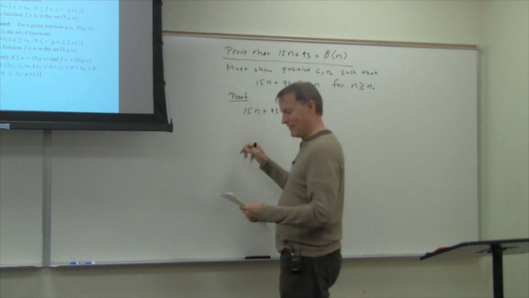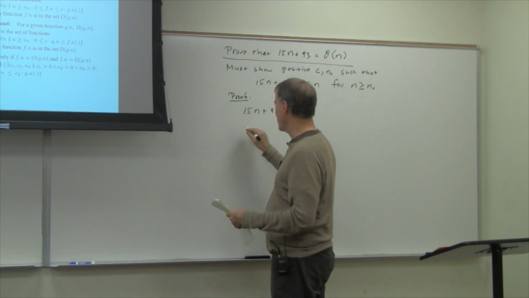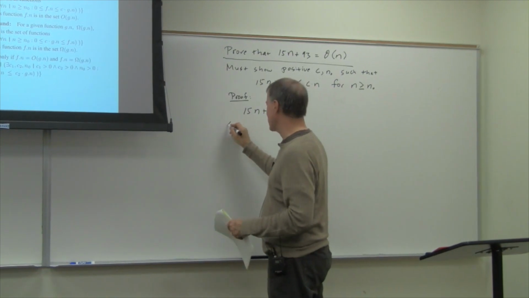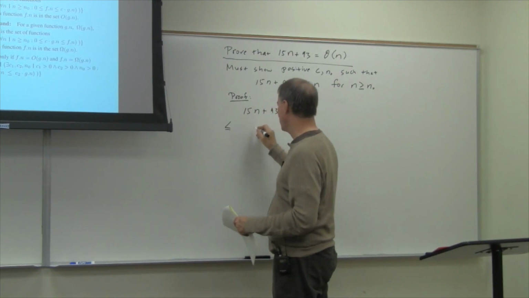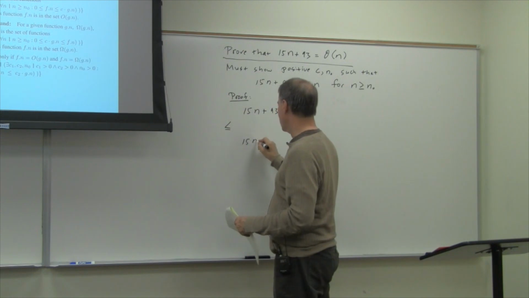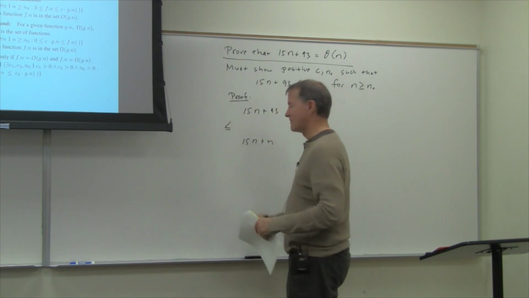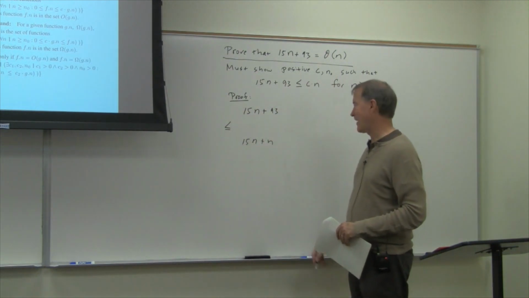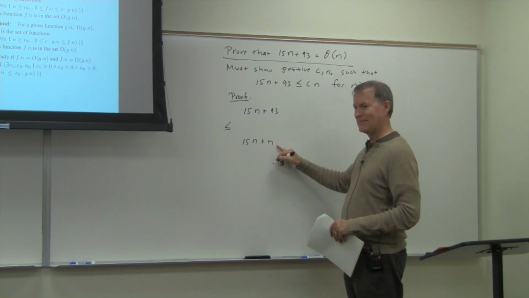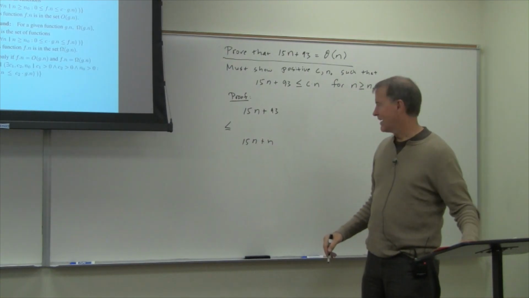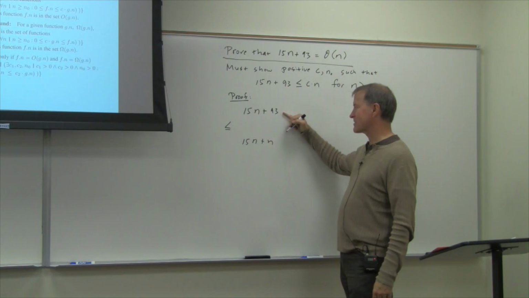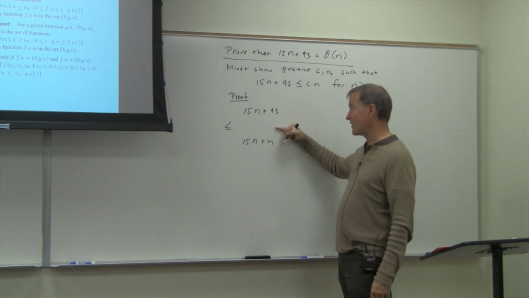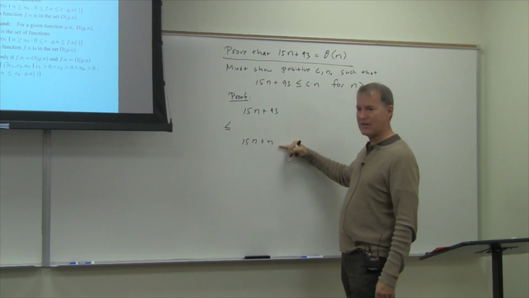Well, watch this. I claim that this is less than or equal to 15n plus n. Now, I'm just pulling this out of the air. But wait a minute. Is 15n plus 93 always less than or equal to 15n plus n?